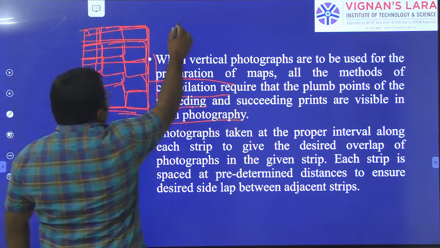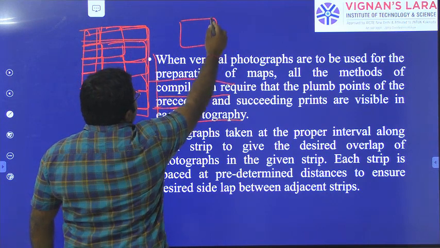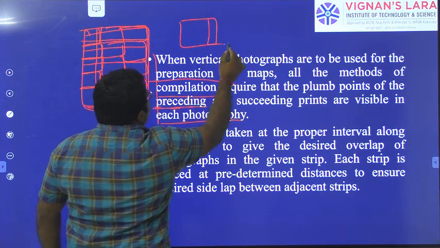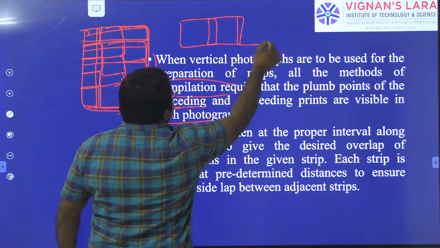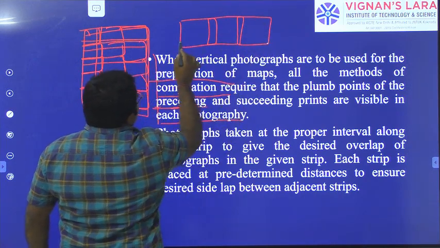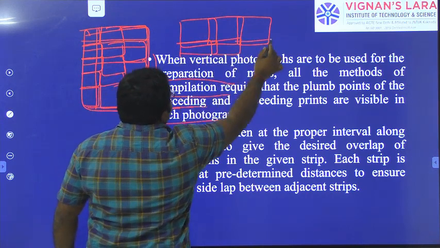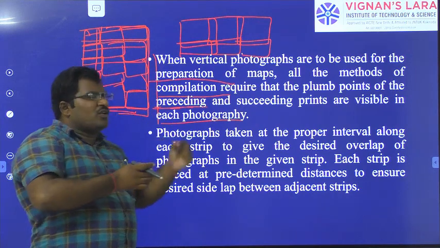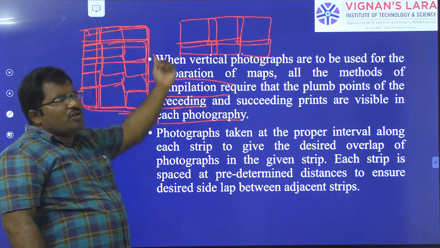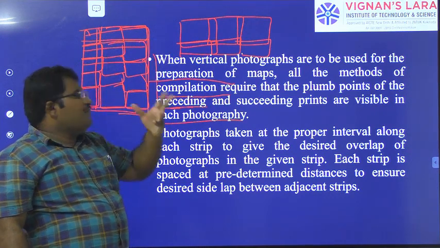If this is one photograph, then in the next photograph some part has to be taken again, so that we can join them. Even for the sides you have to know some area, then only you can add the things. That's why the plumb points should be visible in each and every photograph, so that you can form the big map. Otherwise, it will create much confusion.